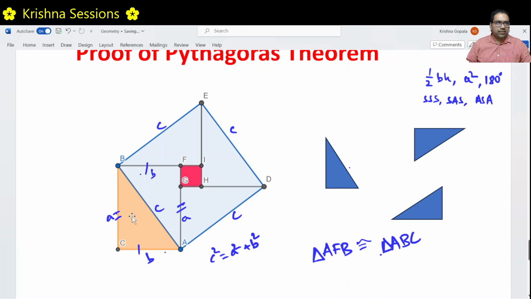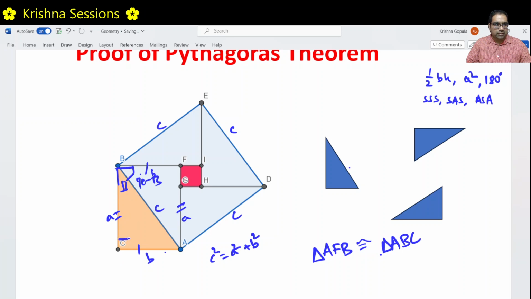Now we have established this triangle and this triangle are exactly the same. Now let us look at the angles. This angle is B, this angle is B, and because this is a rectangle, this part is 90 minus B, right?